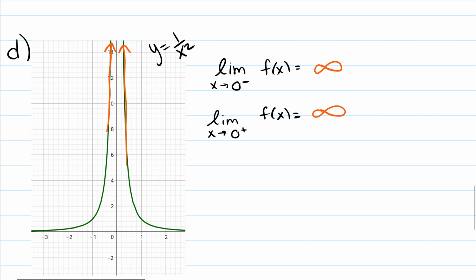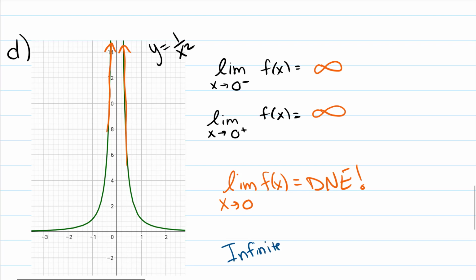However, the limit itself, the limit as x approaches 0 of f of x, does not exist. This is because a limit, when you approach a number, has to be a number. Limits from the left and right are behavior. We call this an infinite discontinuity.